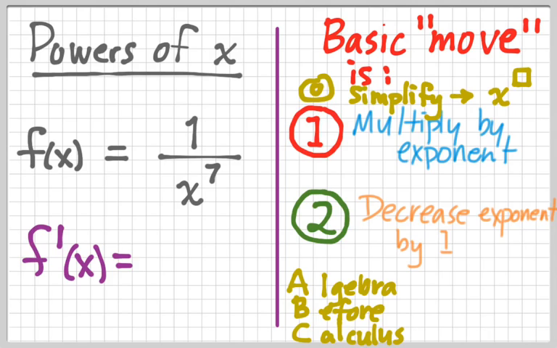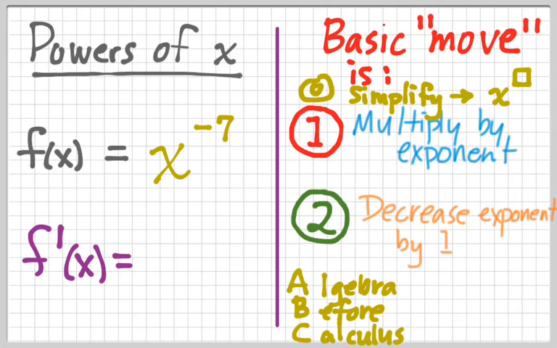So, what power of x is 1 over x to the 7th really equal to? X to the negative 7. Exactly. And this is why there are all those properties of exponents that you learn in algebra and pre-calculus: they're going to come in handy to let us rewrite that thing as a single power of x. And now that it's a single power of x, the basic move applies.